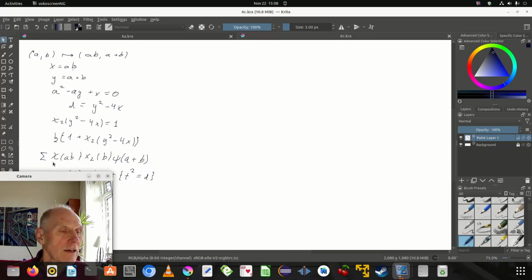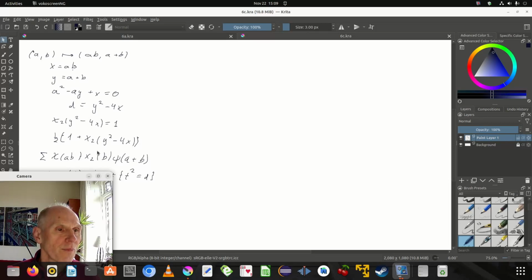Then we get chi of x and psi of y. But then that actually requires taking the square root to get the value of b.